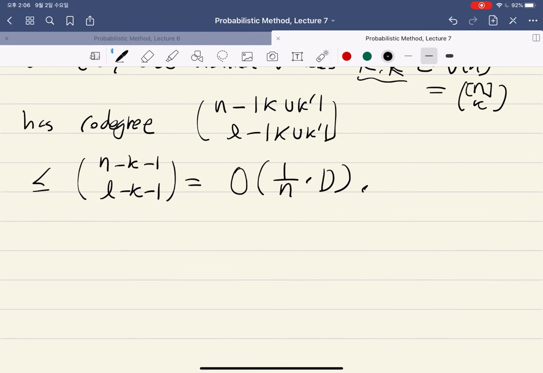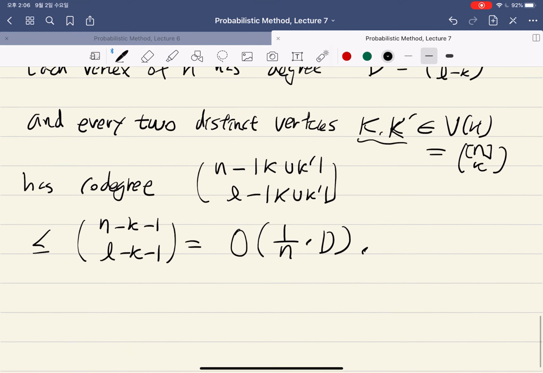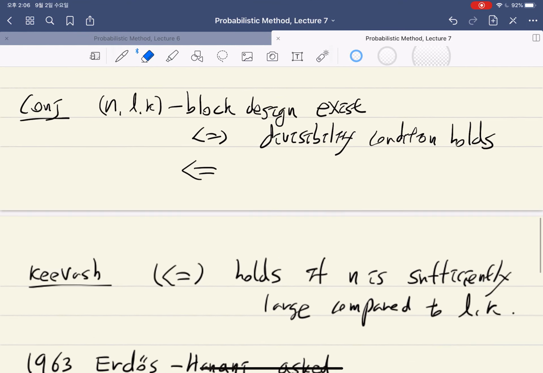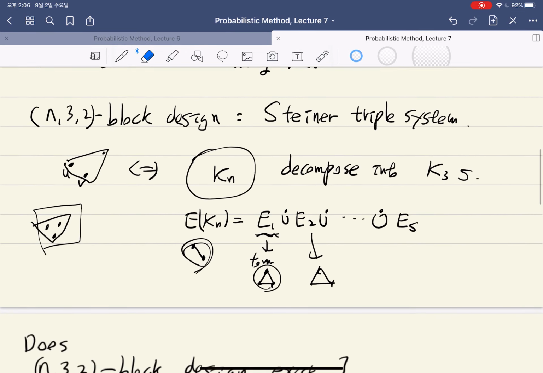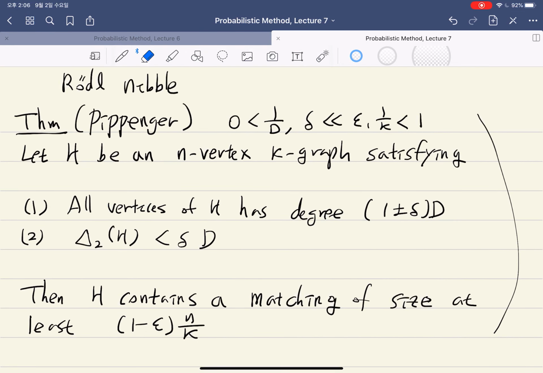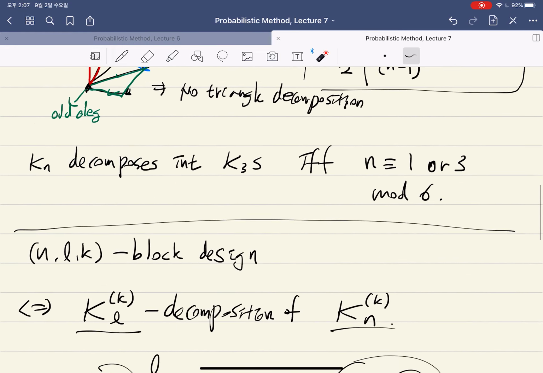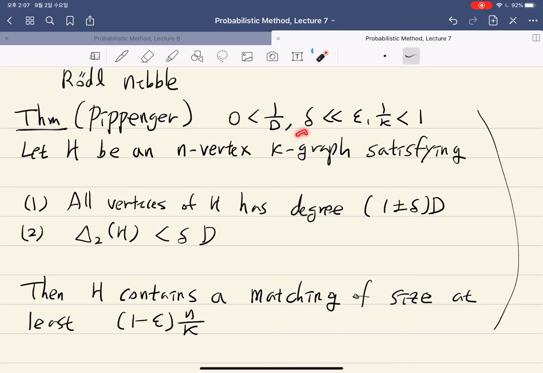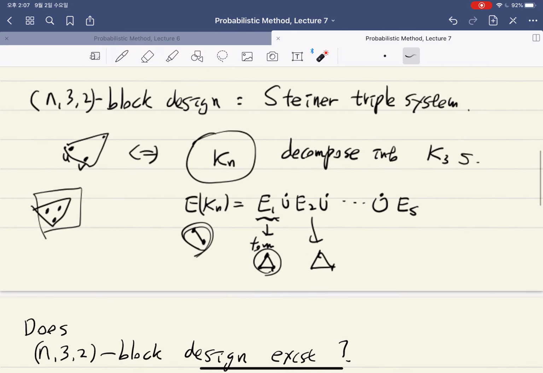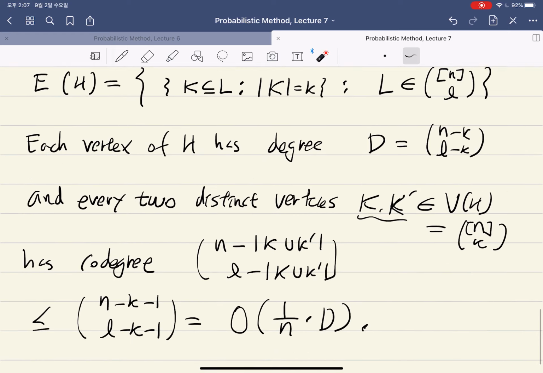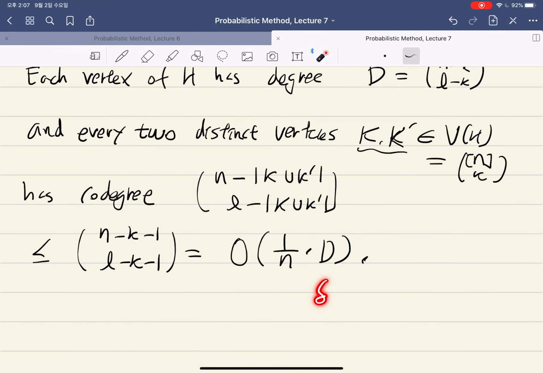So what do we know? We let n be sufficiently large. On this Pippenger-Spencer, let's say we fix these two, then we have this D and delta. So n is sufficiently large, so 1 over D is sufficiently small. And then we can ensure that 1 over n is smaller than delta. Then the co-degree is smaller than delta D, and this is D with this choice.